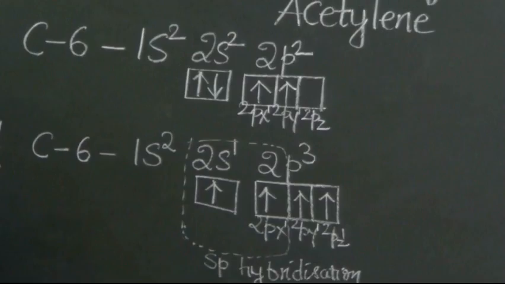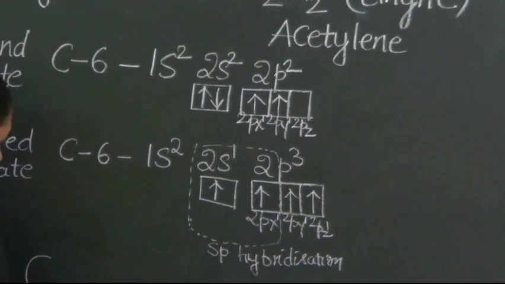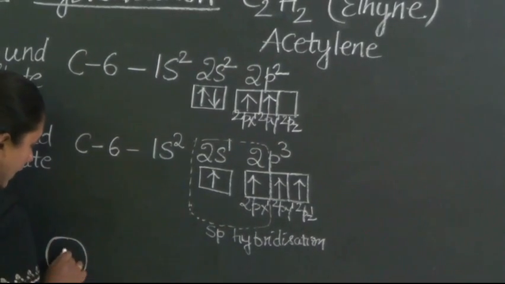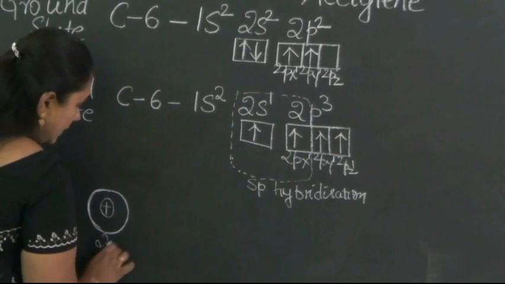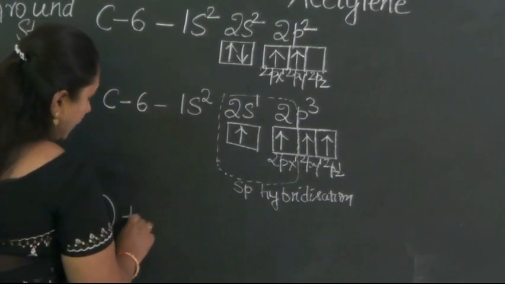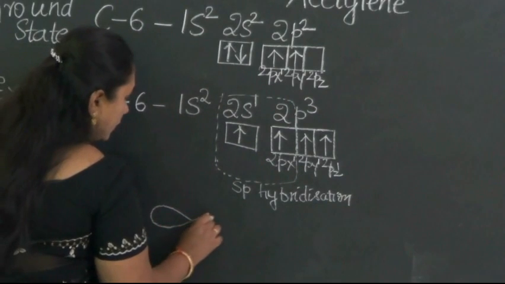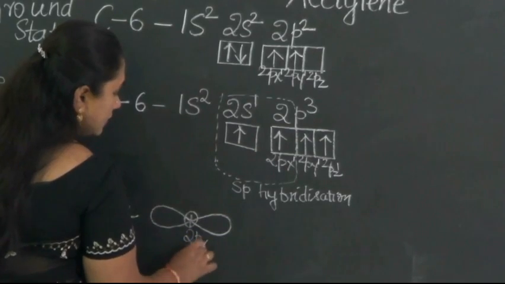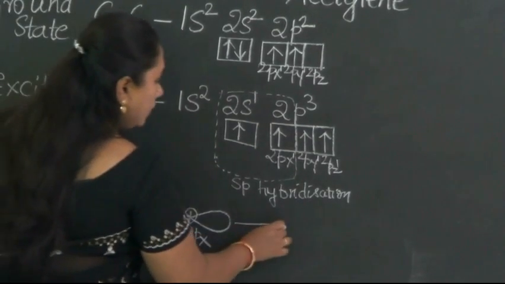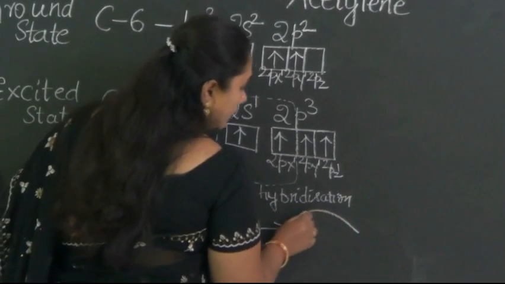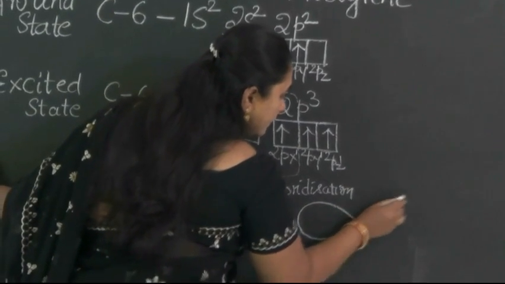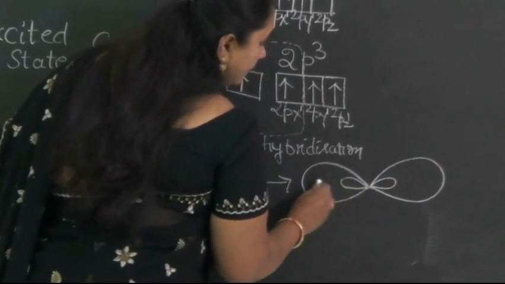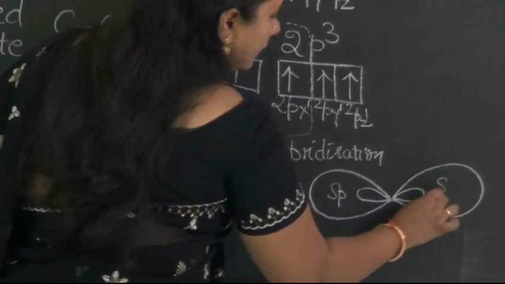Now let us write how the hybridization would be with the exact orbital diagram. So this is the s orbital, which is 2s. It is undergoing hybridization only with 2px. So how will the hybrid orbitals formed be? It looks like this. So what's the name? sp hybrid orbitals.